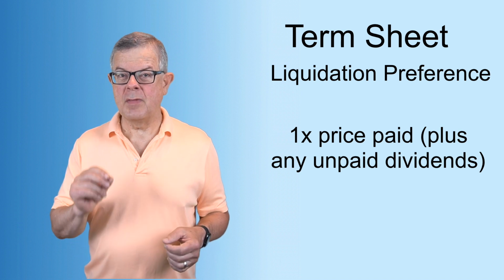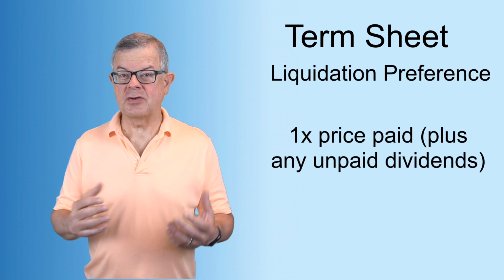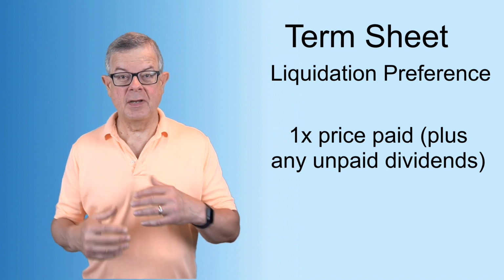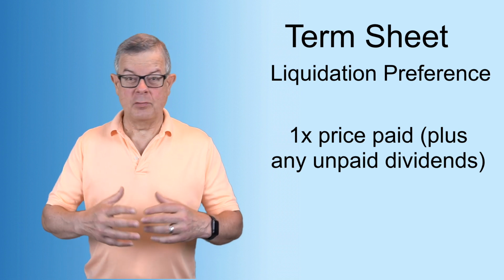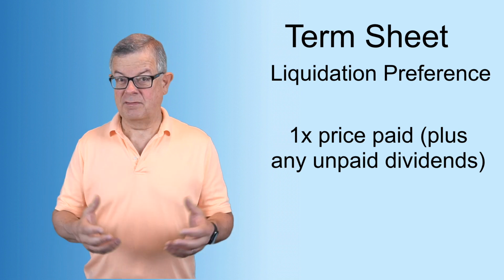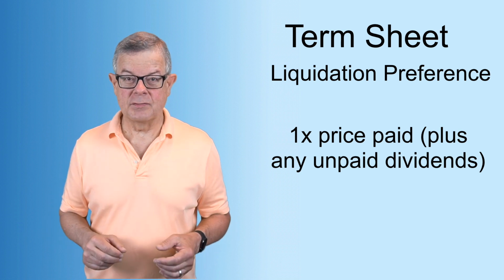Now, remember, as we'll talk about in a later term, they'll always have the option of converting their shares into common and participating with common. And if it's an acquisition and the valuation on the acquisition is very high, such that the common shares are going to get paid a lot, then that's what the investors will do.